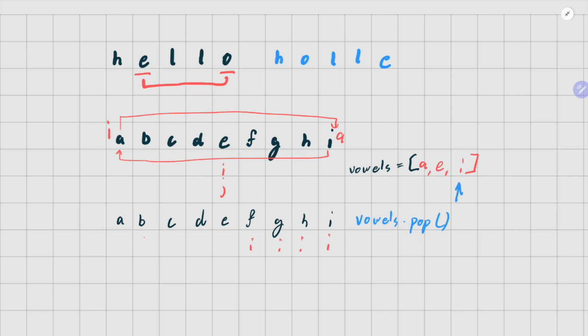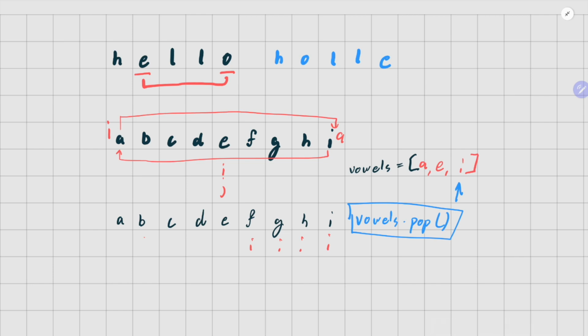So what we can start doing then is, so this will be our first iteration. The second iteration, anytime we encounter a vowel, we want to pop from the vowels array and append it to the string, right?